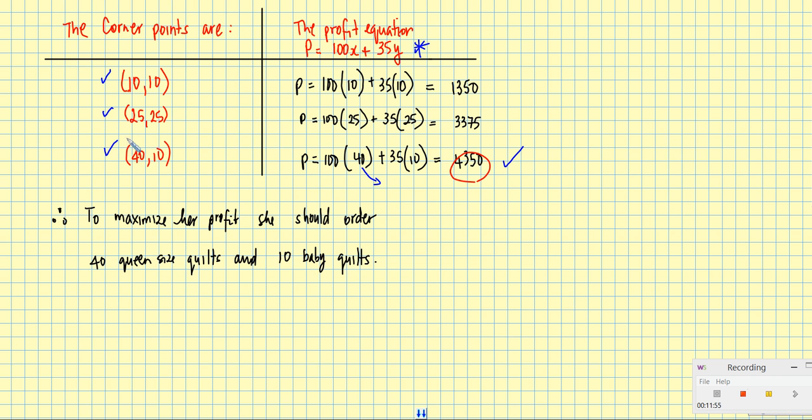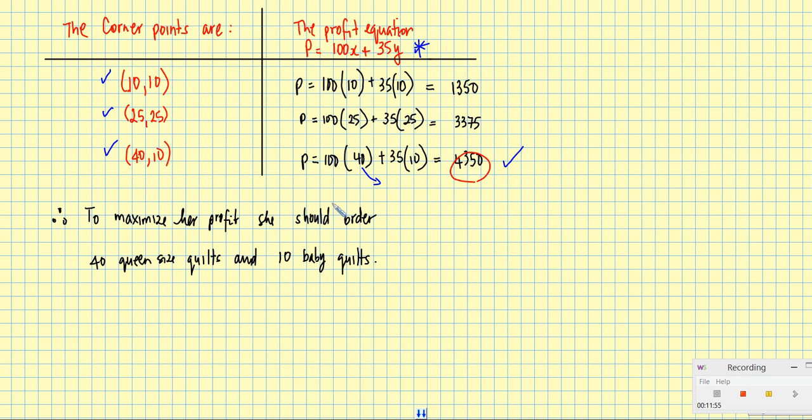And then we're going to do exactly the same thing, replacing in there 25 and 25, and then exactly the same thing, replacing the value of 40 for x and 10 for y, where we'll get 4,350. So when we add all this up, we get 1,350 for the first combination, 3,375 for the second combination, 4,350 for the third combination.